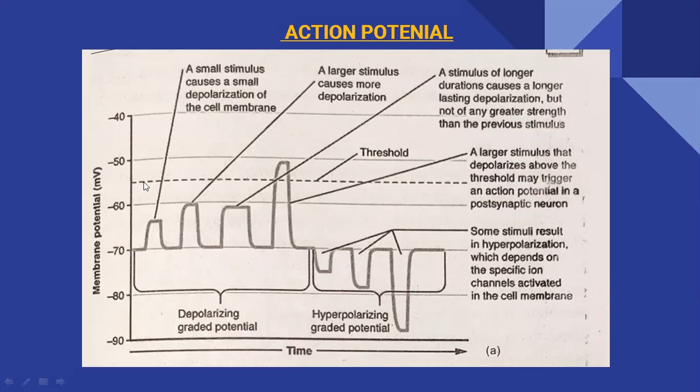Threshold potential is the one with the capacity to increase the potential difference from minus 70 to minus 55, so its value is plus 15 millivolts. Below plus 15 millivolts, stimuli give graded potential. A plus 15 millivolt stimulus will generate threshold potential, and more than plus 15 will generate action potential.